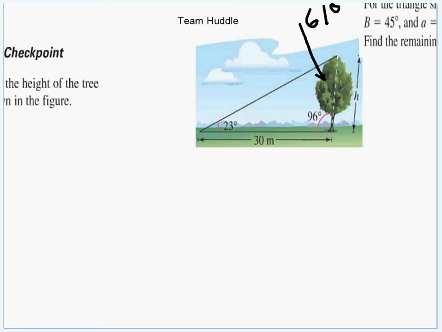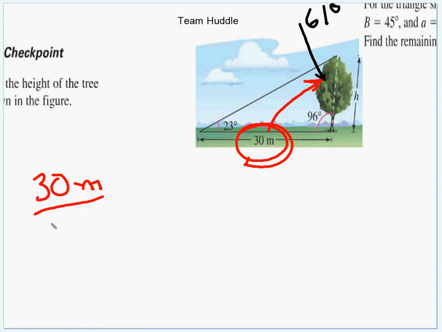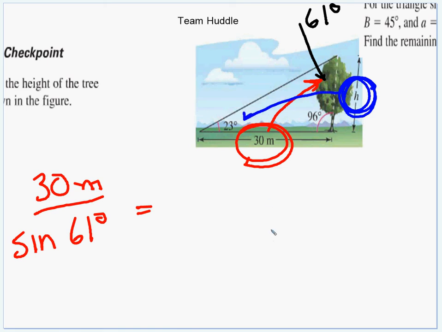And now we've got, let me switch to red ink, we've got a side, and we've got the angle across from that side. So that's our key fraction here. We're going to have our 30 meters divided by the sine of 61. And now the side we want is this side. They're calling it H, and that is across from the 23-degree angle.